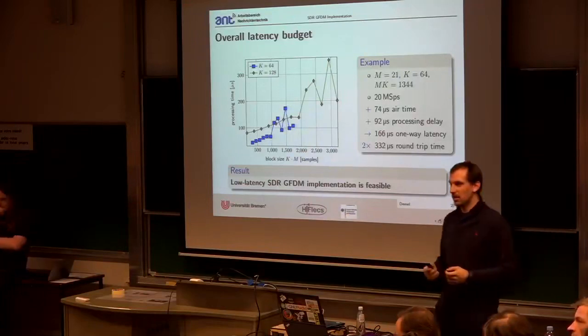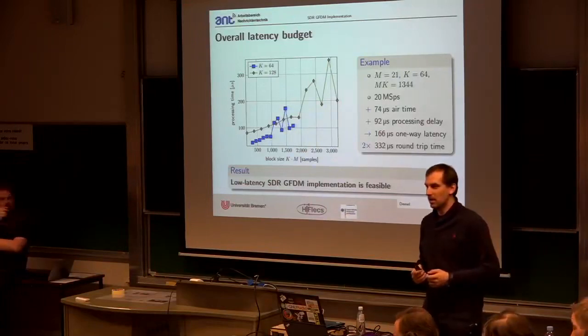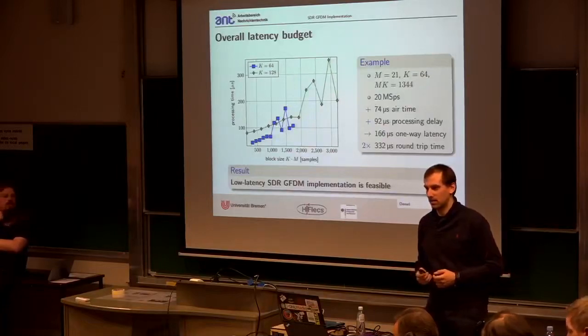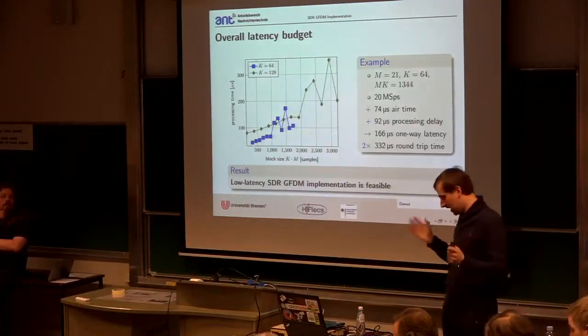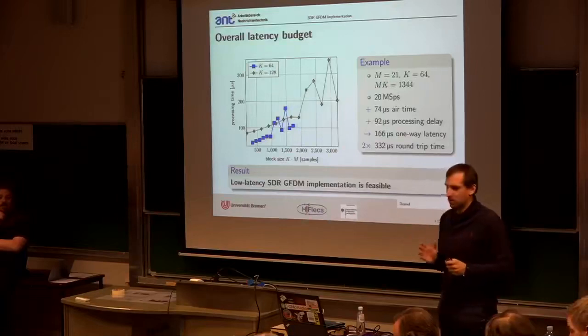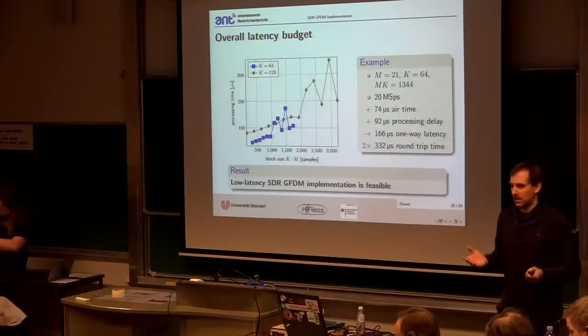Does it also increase the reliability of the transmission? Because you said there were two things you wanted to improve: the latency and the reliability. So, do we also improve reliability? That was the question.